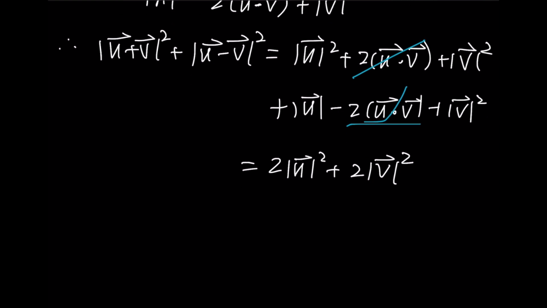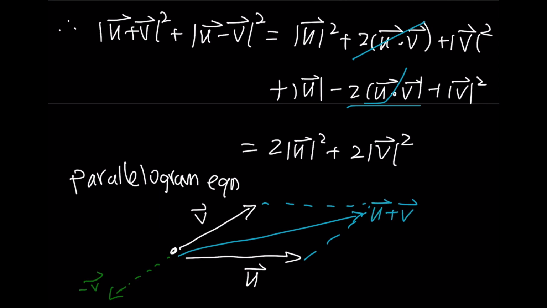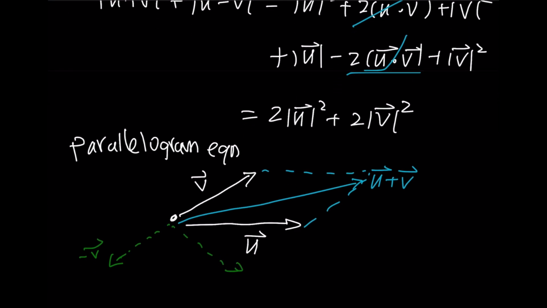Now this is something called the parallelogram equation. Here's my vector u and here's my vector v. If I were to draw a parallelogram, I know that the diagonal is the vector u plus v. This vector down the diagonal there, that would be u minus v.